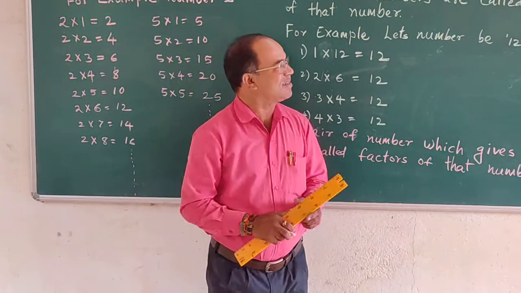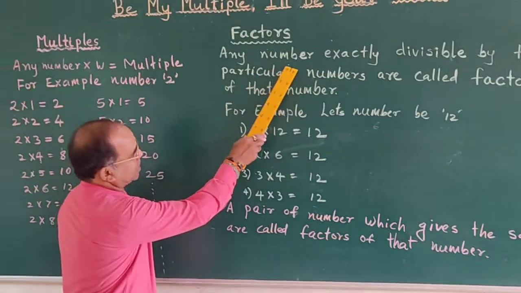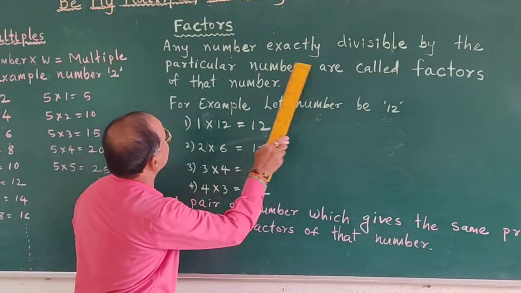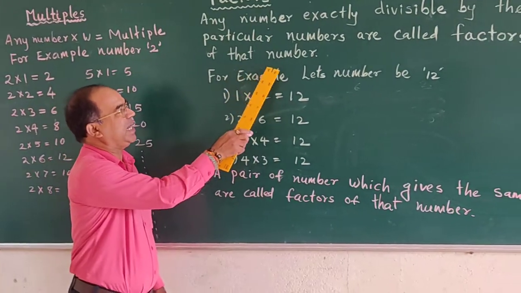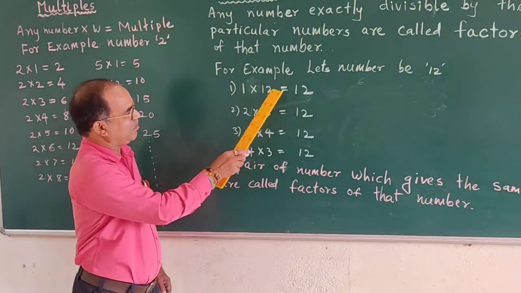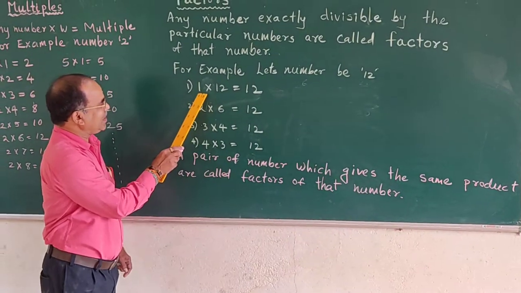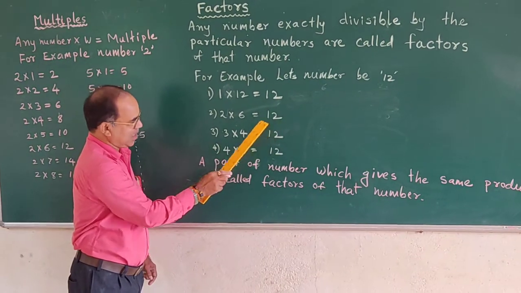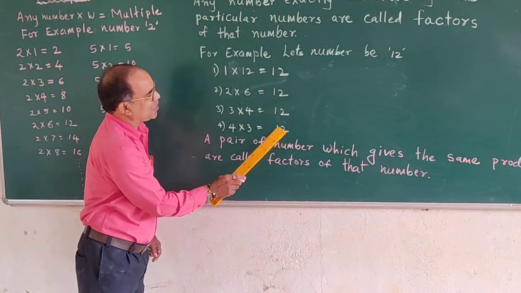Now let's discuss factors. What is a factor? Any number which exactly divides a particular number is called a factor of that number. For example, let the number be 12. Here 1 into 12 is equal to 12. 2 into 6 is equal to 12. 3 into 4 is equal to 12. 4 into 3 is equal to 12.